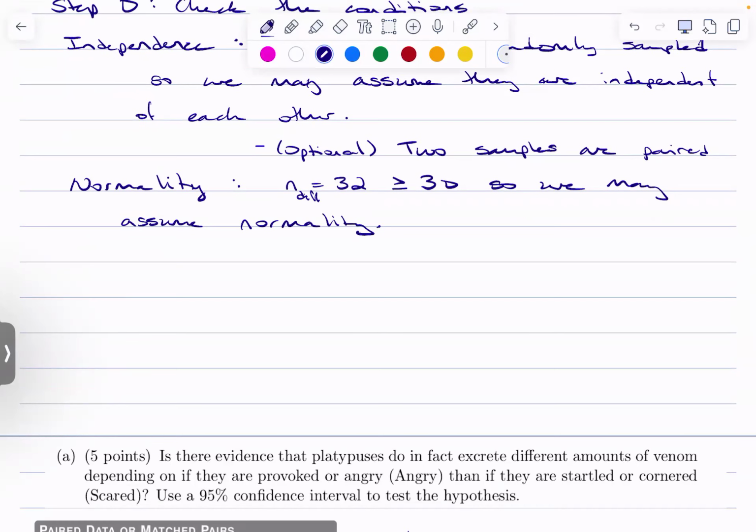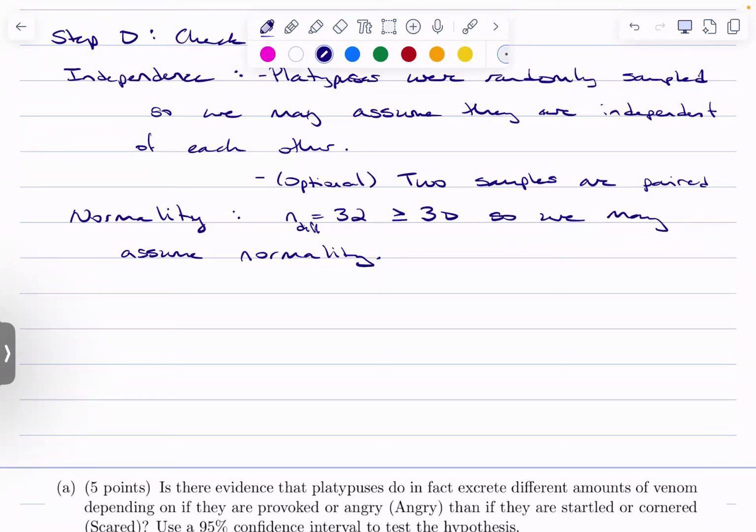Where did that 30 come from? We need a large enough sample, even if we're pulling from a skewed distribution. If our sample size is bigger than 30, just as a rough guide, then we're allowed to assume that the means follow a normal distribution.